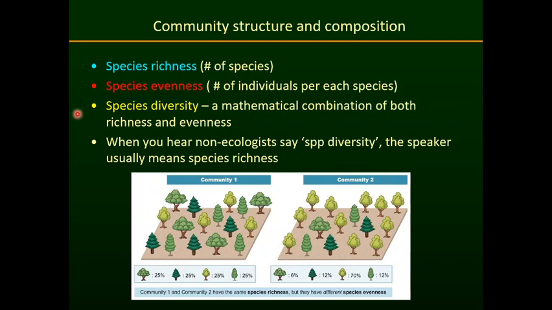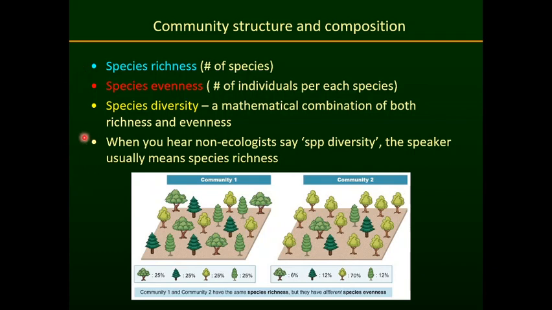And you'll be calculating some species diversity in some of your labs later on in the semester from data that you're going to be getting from some local ecosystems. So just set that aside for now to know that it's just a mathematical combination of these 2 factors up here, richness and evenness.